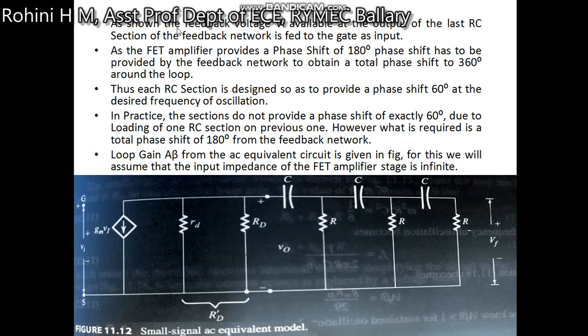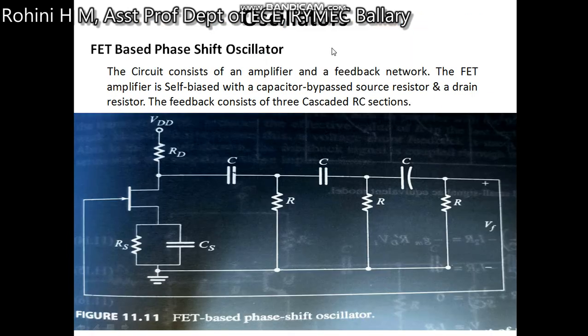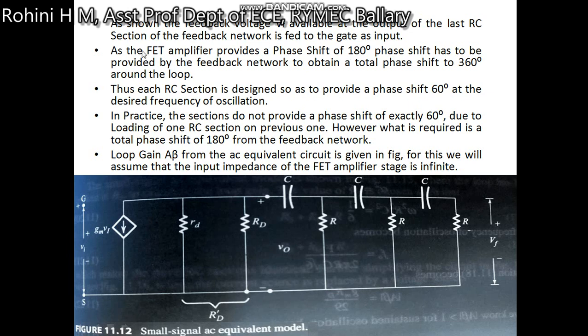As shown, the feedback voltage V_f is available at the output of the last RC section. This is V_f across this resistance. As the FET amplifier provides a phase shift of 180 degrees, a further 180 degree phase shift has to be provided by the feedback network to obtain a total phase shift of 360 degrees around the loop.